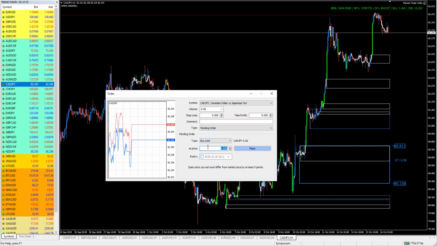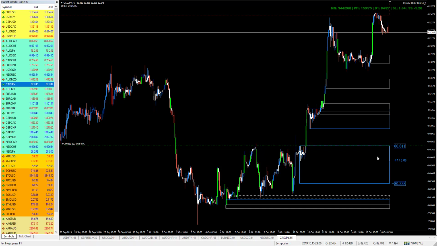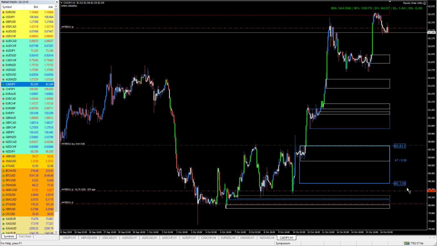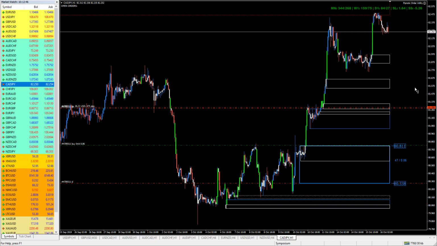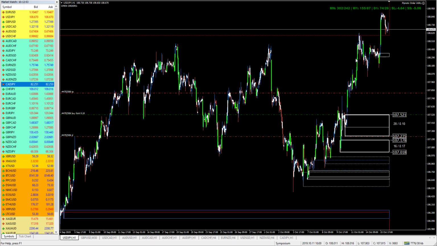Buy limit, that's correct. 80, 81, 80, 82. Boom, move that there. Target down here. We don't know what the target is yet because we can't see, so we'll leave it at 1 to 1-ish. Cool. Okay, so now let's go through and have a closer look at these.